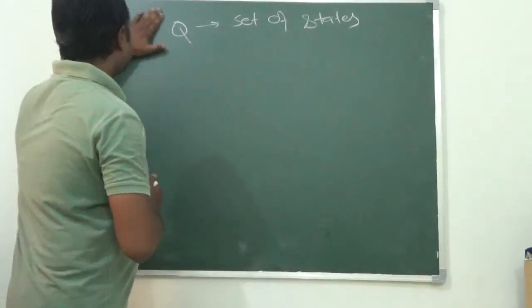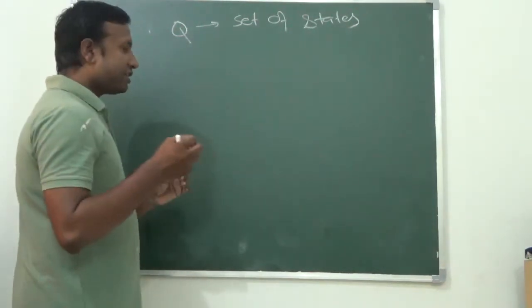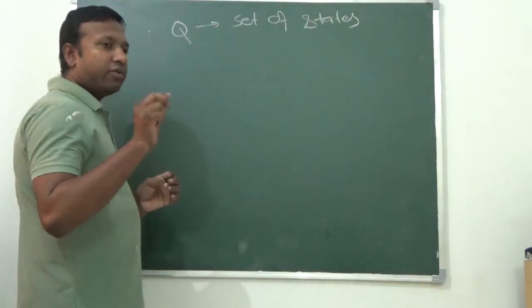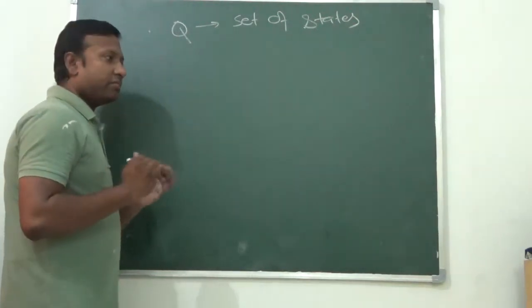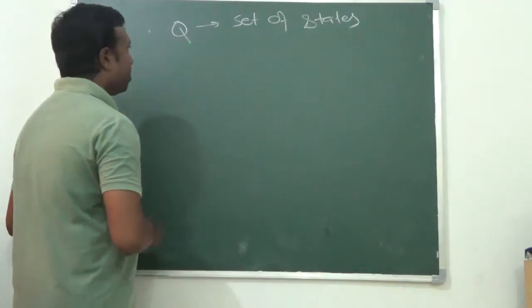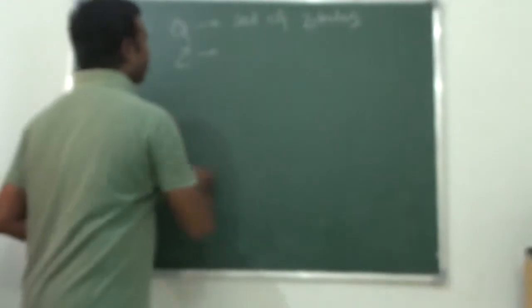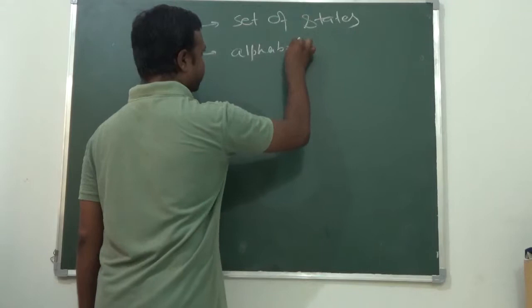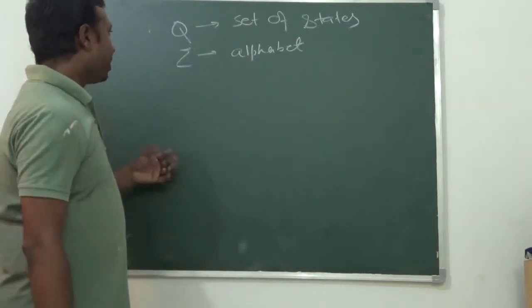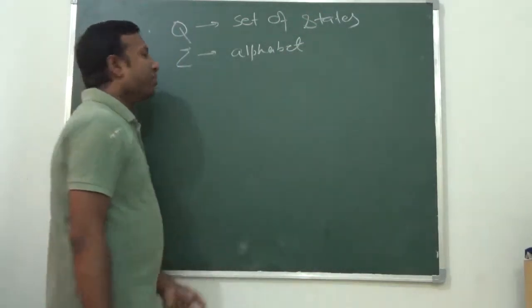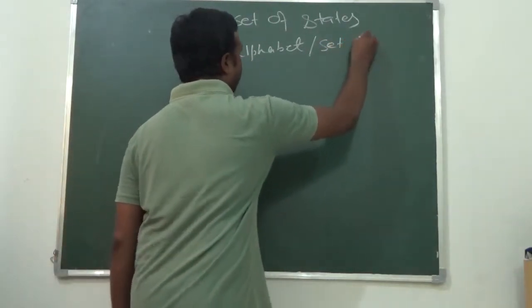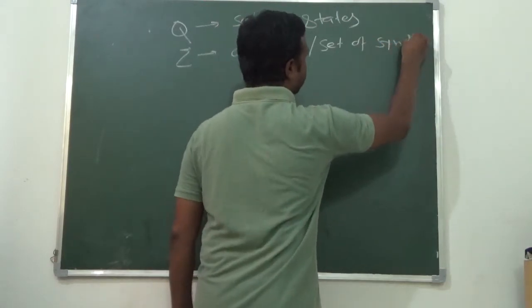So Q is a set of states, and states are nothing but some memory unit and some processing unit which process something, some computation. Then we have the sigma. The sigma is nothing but the alphabet which I already defined. So alphabet is nothing but a set of symbols.